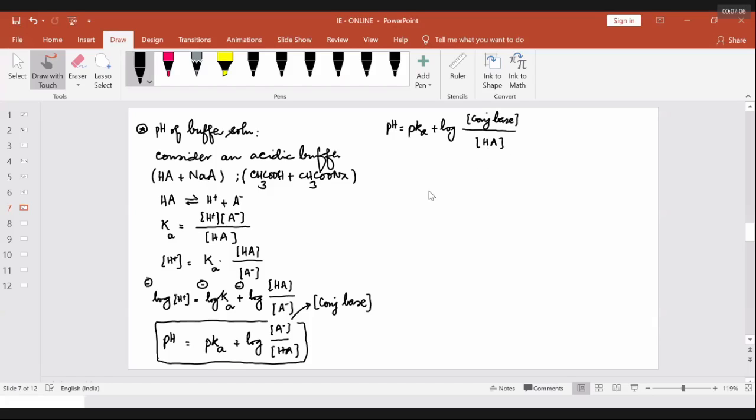Therefore, people say commonly, and the books also say commonly, pH is equal to pKa plus log of concentration of salt.